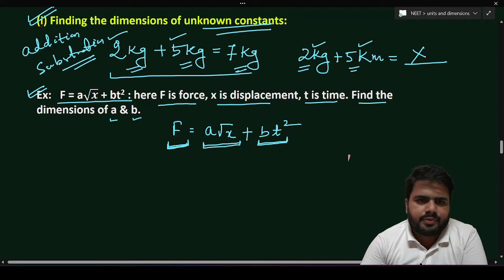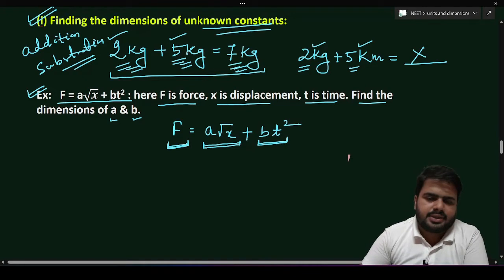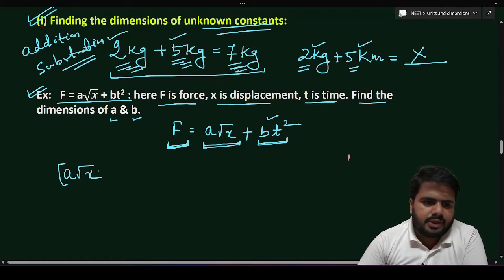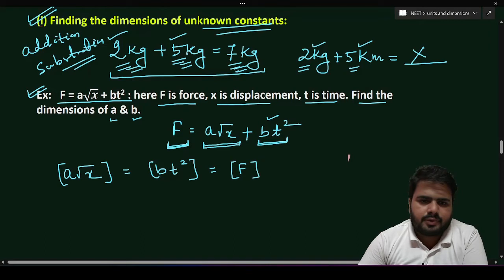If two quantities are added, then they must have the same dimension, and the result also has the same dimension. So since a root x is added with b t square, the dimension of a root x must be equal to the dimension of b into t square, and that must also be equal to the dimension of force.